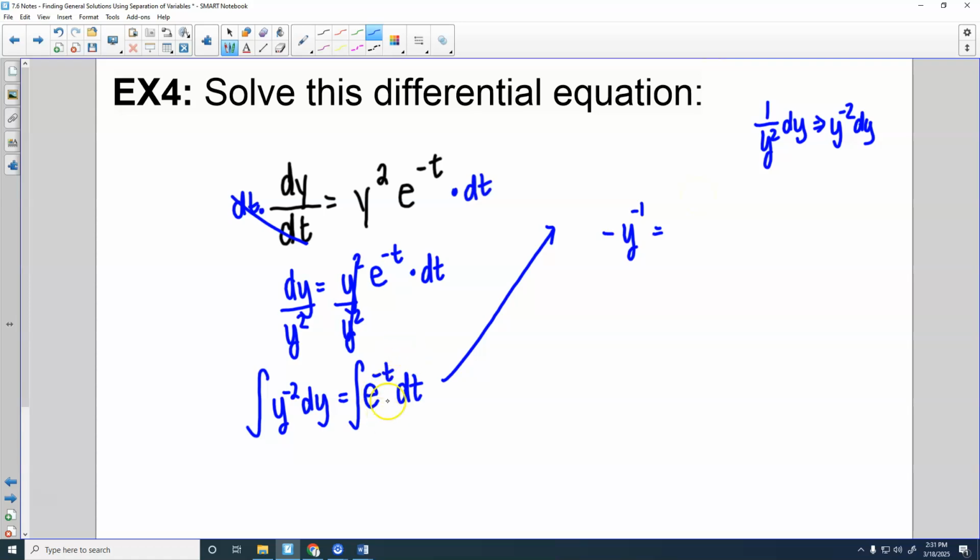So when I integrate over here, this one has a tiny little u-du substitution that has to happen. Because when I integrate e to the t, it is itself, but if you want to write this, you can, and if you want to skip it, you can too. Here, the u would be negative t.